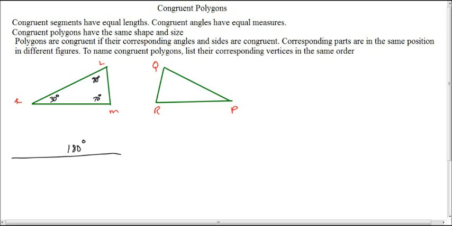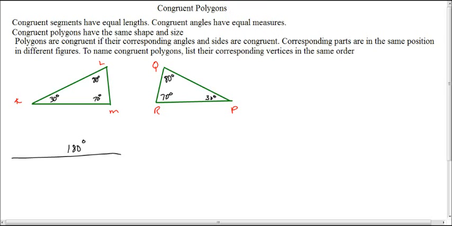Well, if we look at this triangle, let's just say this is 70 degrees, and let's call this Q. I should make these a little bit bigger, guys. I really apologize, so that I can show you the concept I'm trying to get you to see. Well, let's call this 80 degrees, and this one 30 degrees. Okay, so now I can get back to what I was trying to show you with my tick marks.